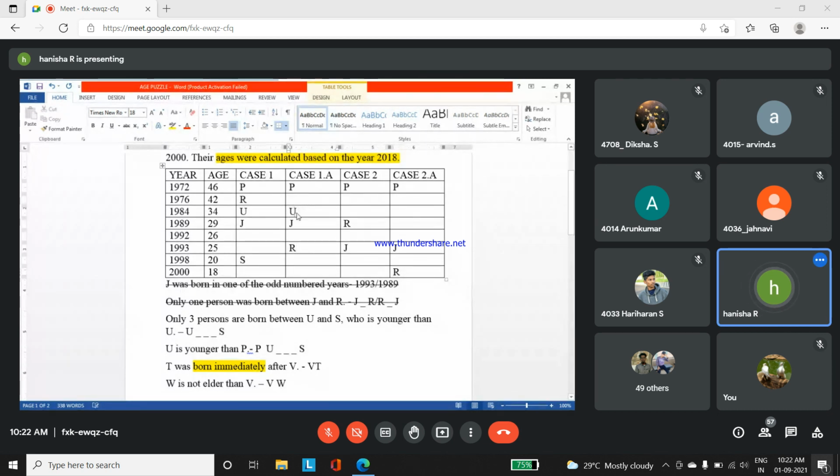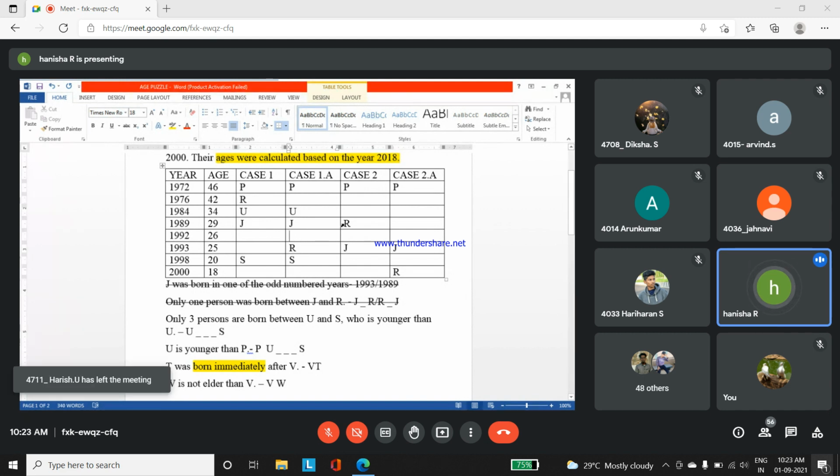If I give U over here, after three spaces, I can put S. You can also try with other spaces. If I give U over here, you will not have space to put S. It is given clearly that S is younger than U, so you should put S only below U. But if I give U over here in the 1992 position, you cannot place the variable S. So this is the correct position for this case.